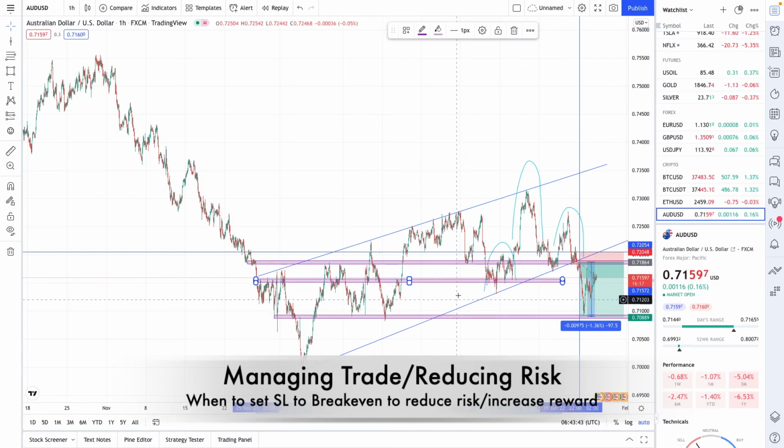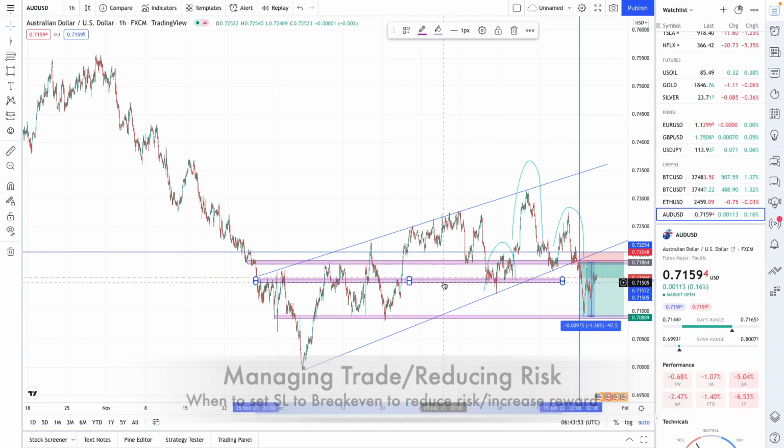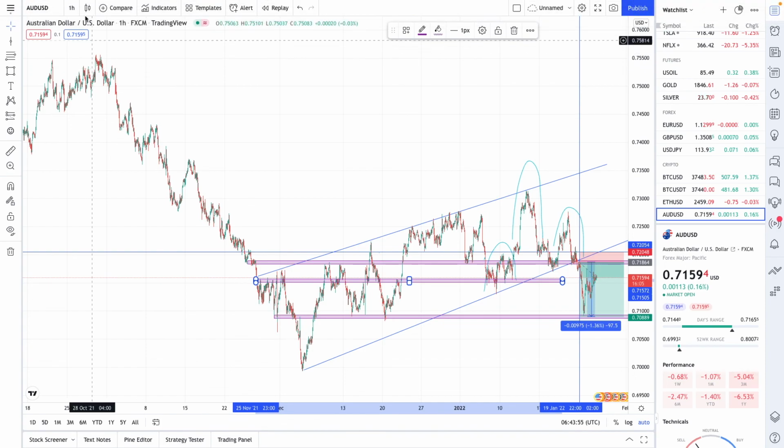We could set this as our first target because price has interacted with this level multiple times, rejected. It's safe to say that this is a minor. It's still kind of a higher time frame, so this is still more reliable than, let's just say, a 15-minute time frame, for example.